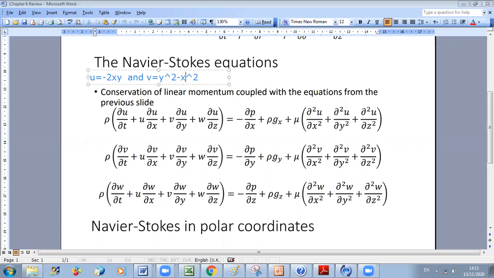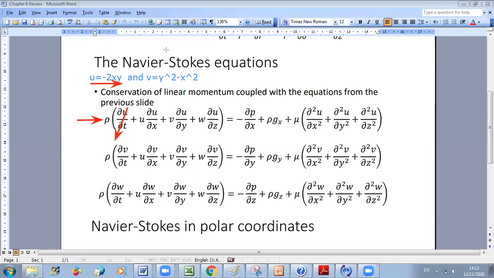Now I will begin by applying the linear momentum equation along x. First, as you can see in your function, u is only a function of x and y, so it's independent of t. So del u by del t will cancel out. It's 0. Now I have u times del u by del x.